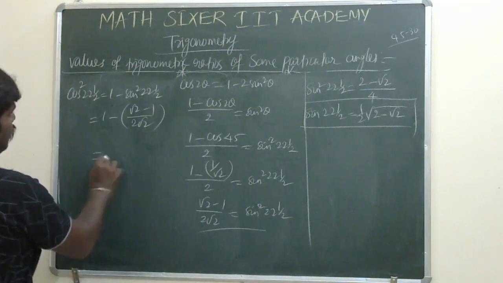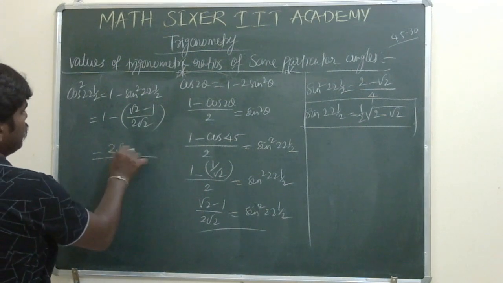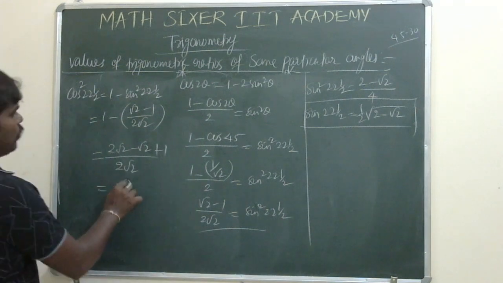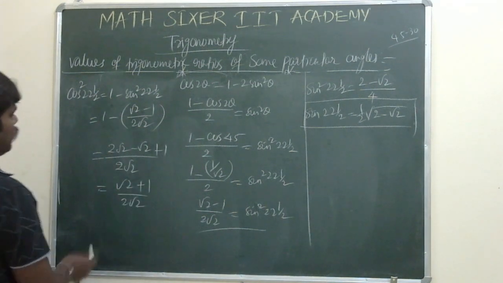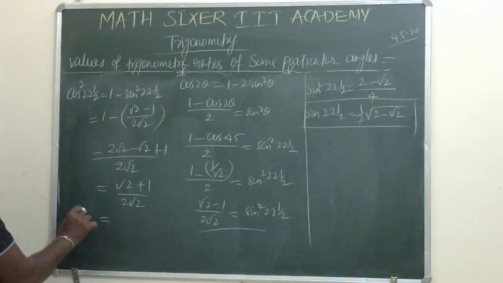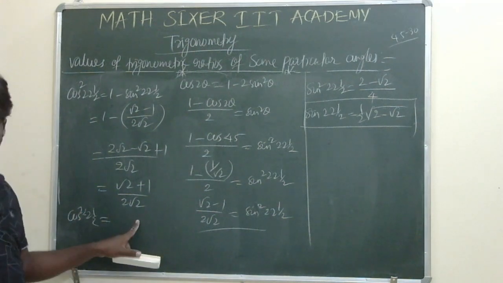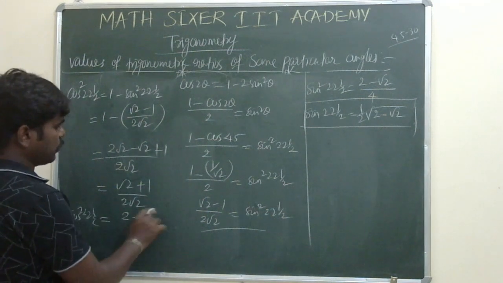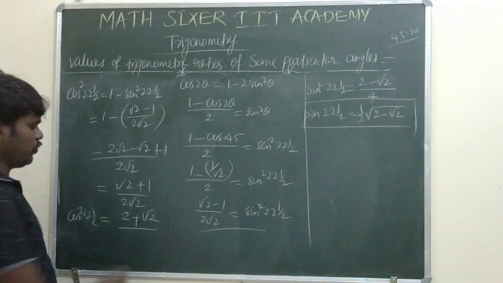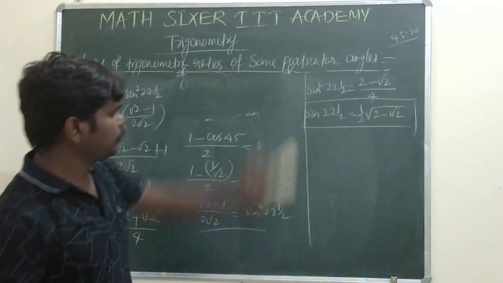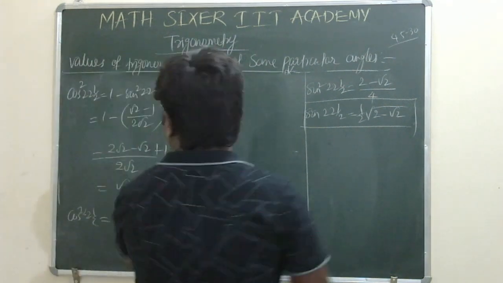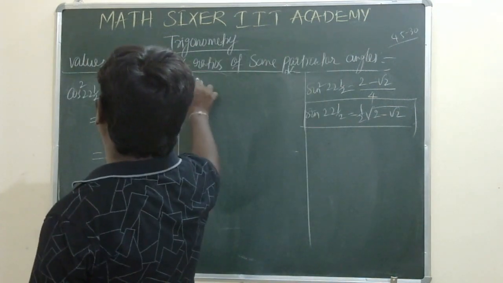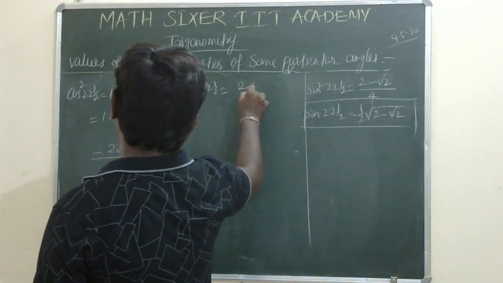So here LCM is 2 root 2, and after taking LCM, root 2 minus into minus plus 1, so that here I will get root 2 plus 1 by 2 root 2. And again if I multiply root 2 in the numerator and also denominator, here I will get root 2 into root 2 becomes 2, plus 1 into root 2 becomes root 2, and root 2 into root 2 becomes 2, 2 into 2 is 4. So now this is the value of cos square 22 by 2. So cos square 22 by 2 value is equals to 2 plus root 2 divided by 4.